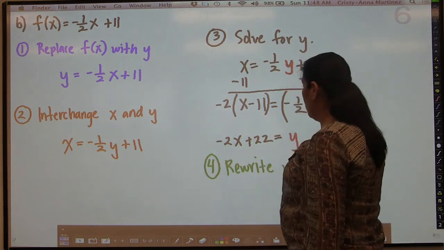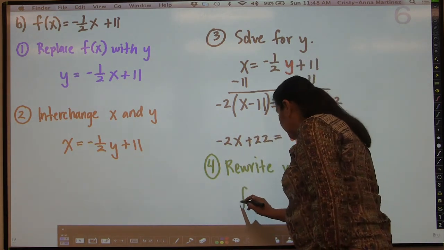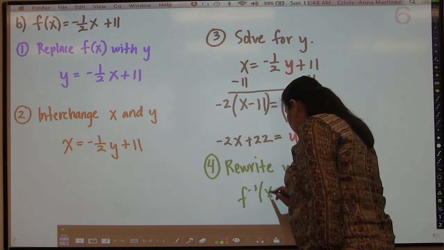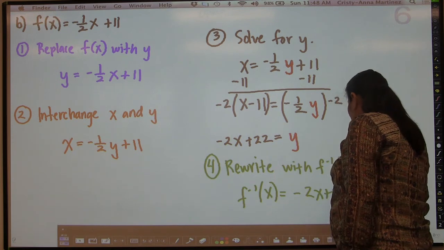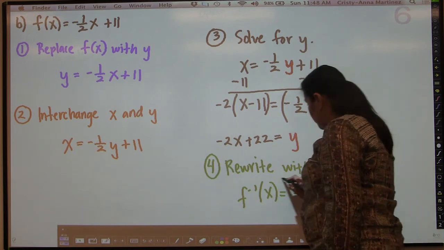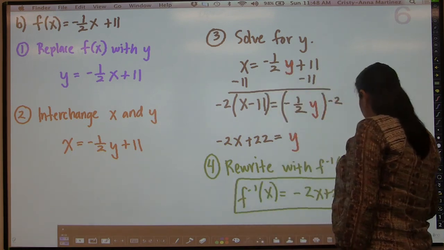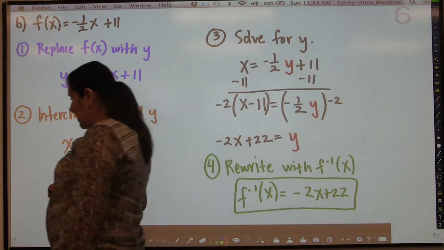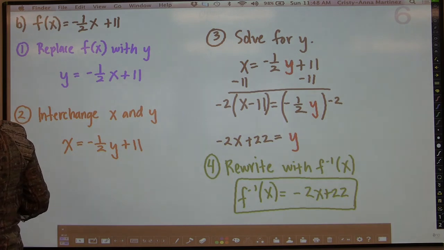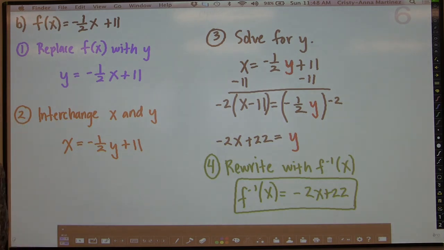So instead of it saying y equals, we're going to say f inverse of x equals negative 2x plus 22. And that would be the inverse function for negative 1/2 x plus 11. Alrighty, so that's how you do it.